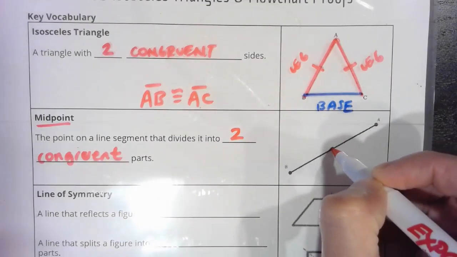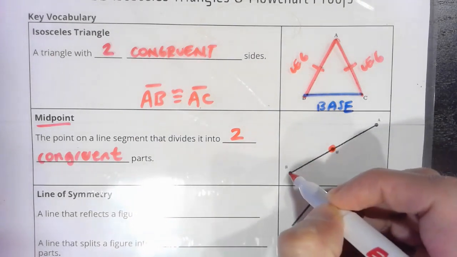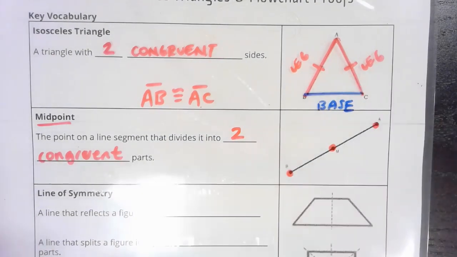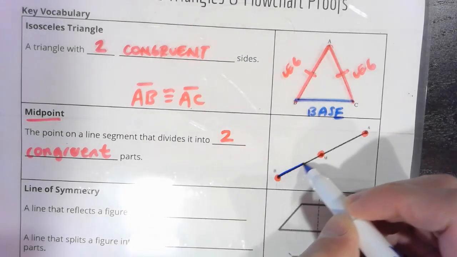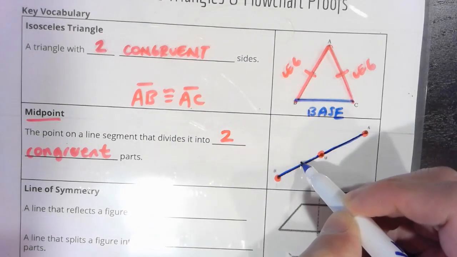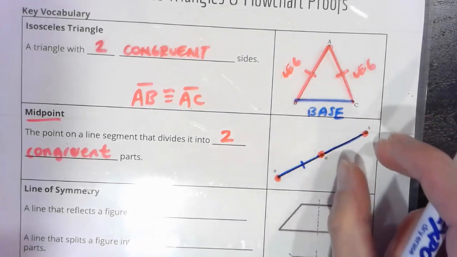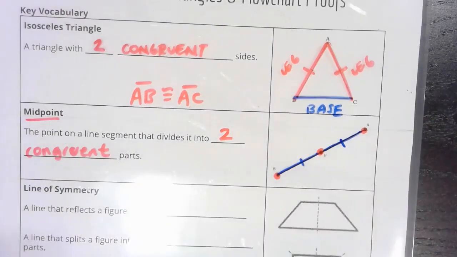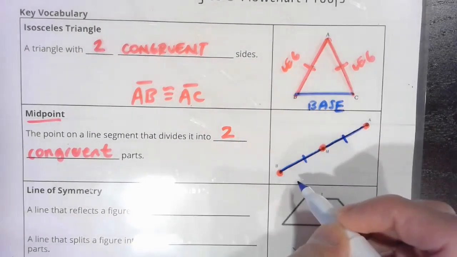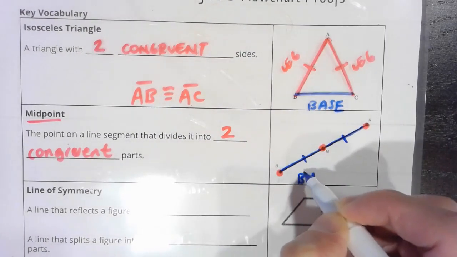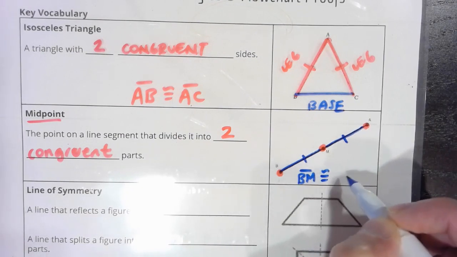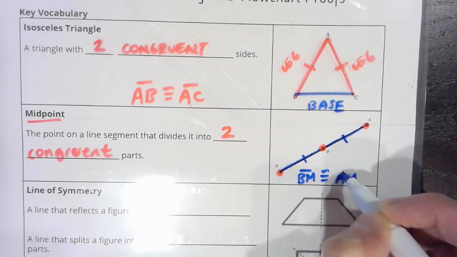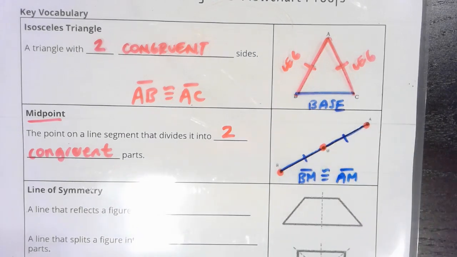So in this example, M is the midpoint between B and A. And so if M is in the exact middle, then we know that this segment has to be congruent to this segment here. So we can say that the line segment from B to M is congruent to the line segment from A to M. Two equal halves.